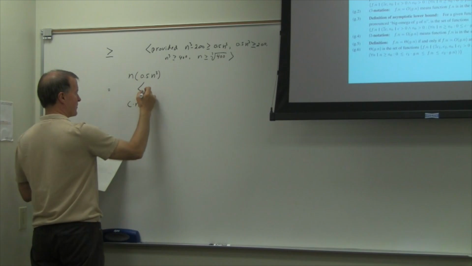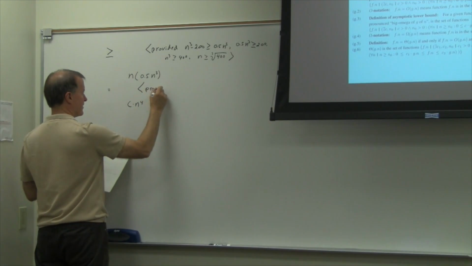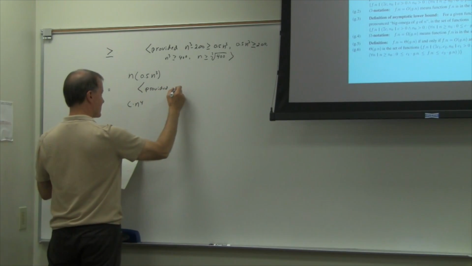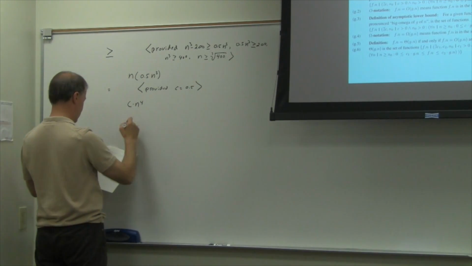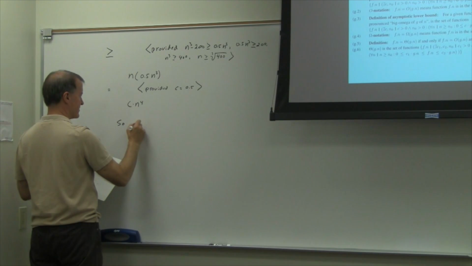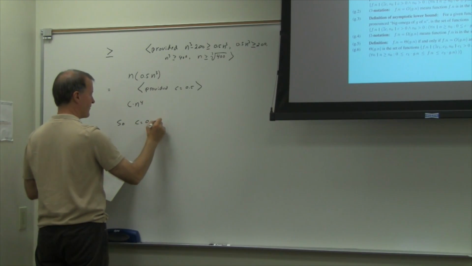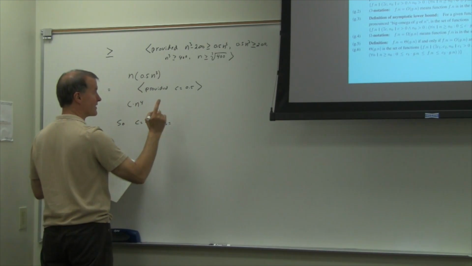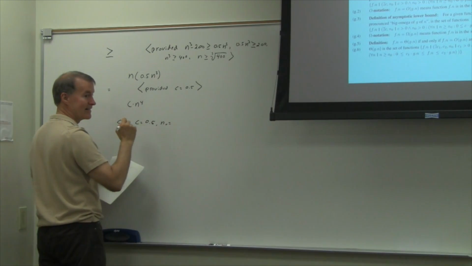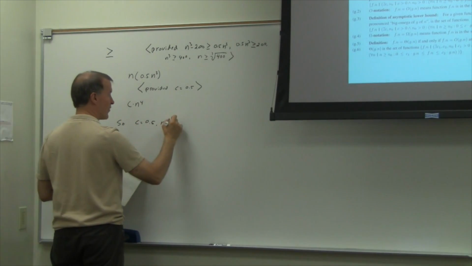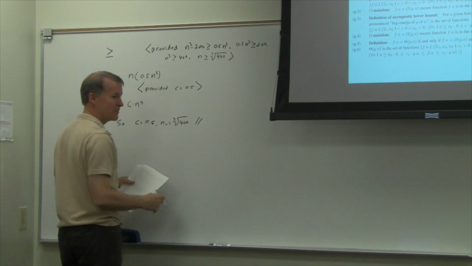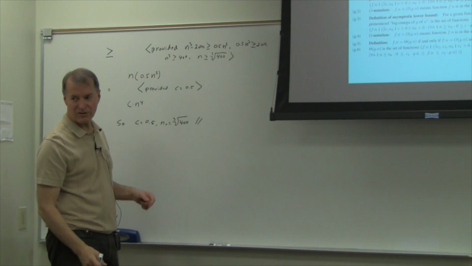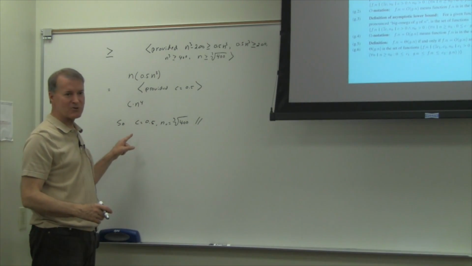This will equal this provided C equals 0.5. So therefore, C equals 0.5 and n naught equals the cube root of 400. And boom, we proved it. Because we showed the existence of these two numbers, C and n naught.